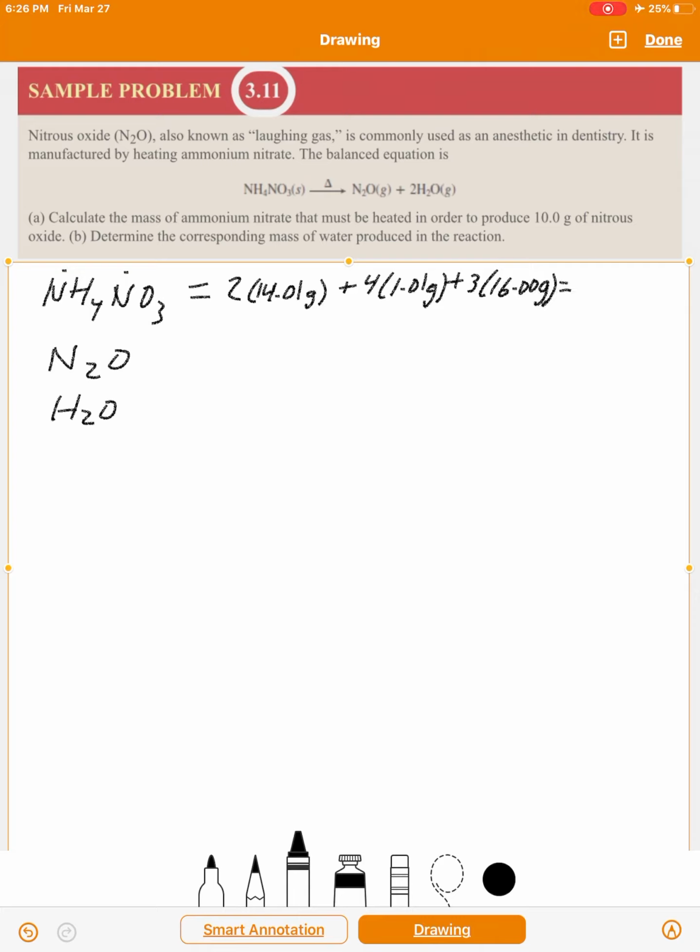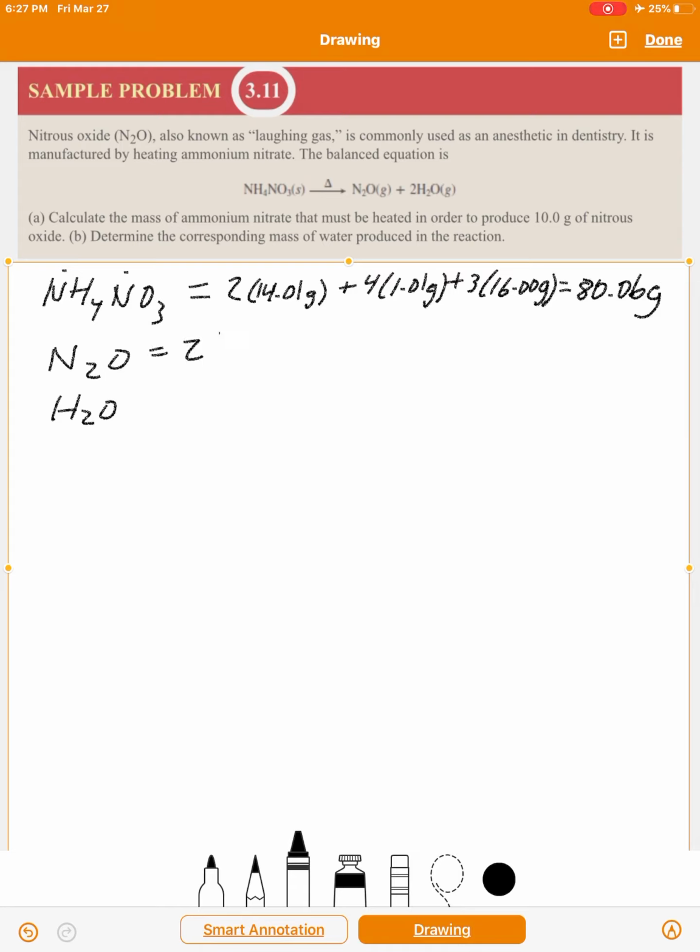So 28.02 plus 4.04 plus 48.00. And you get 80.06. So that's how much 1 mole of ammonium nitrate weighs.